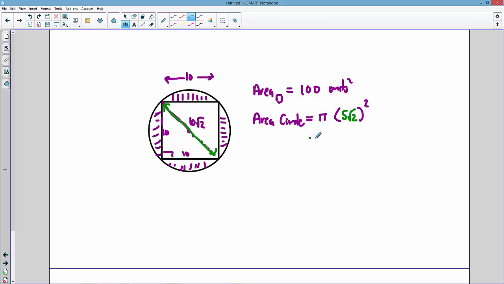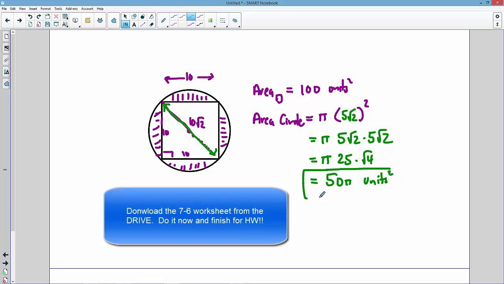We've done this before. How would you square this? You would just multiply it by itself, right? Okay? And that equals 25 times radical 4. So pi times 25 times radical 4. But of course, the square root of 4 is 2, so this is going to be 50 pi, 50 pi units squared, for the shaded region.